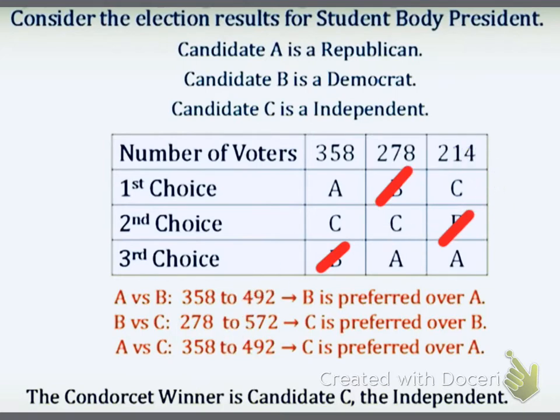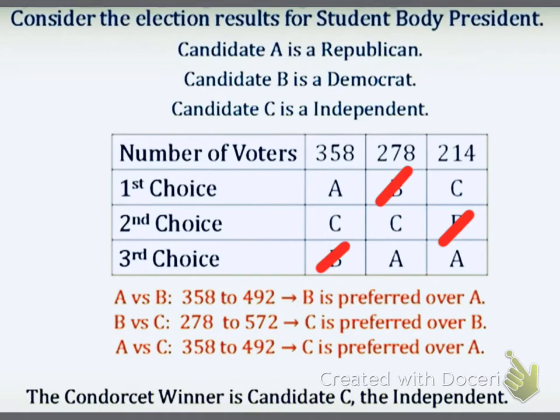So under Condorcet, C is actually the winner. The Republicans' second choice is going to be the independent. They don't want to vote for the Democrat. And same with the Democrats. They don't want to vote for the Republicans, so their second choice is the independent. So the independent gets all these second choice votes, and that's why they win the Condorcet.